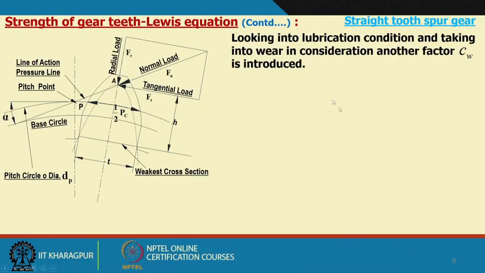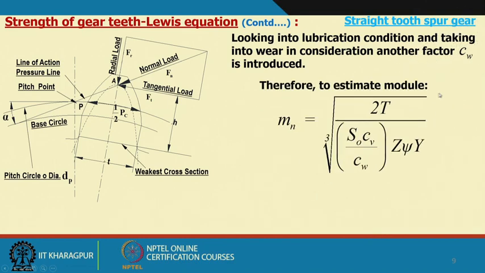In that case, the lubrication condition is better, and for that we can go for higher allowable strength, because these are well maintained. So, we need to consider a lubrication factor or wear load factor in this formula, and in this case we have put this lubrication factor into the denominator, and definitely it will be more than 1.